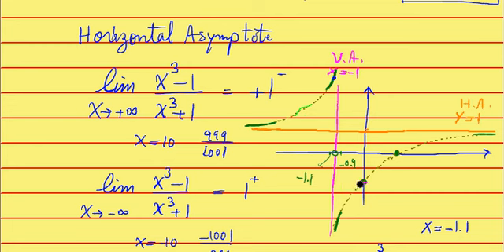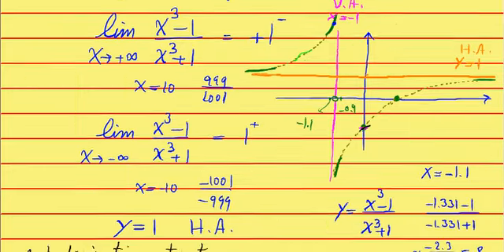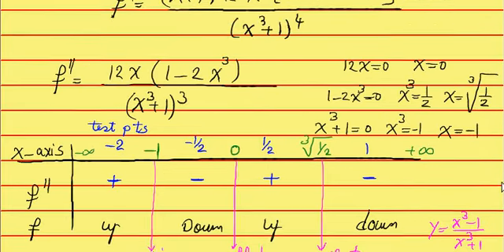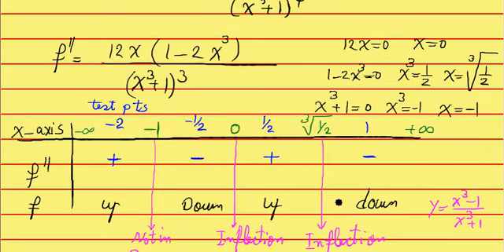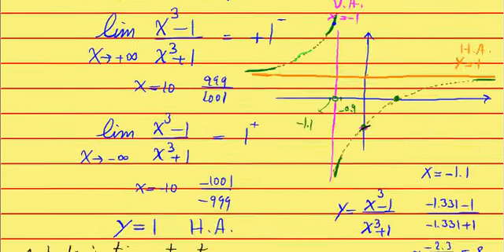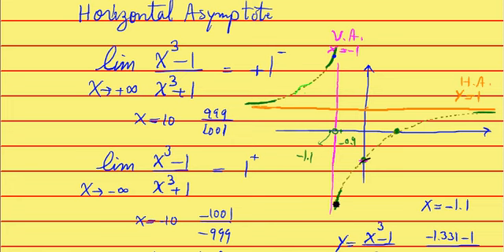At this point, the function, let's just remember, before 0 it was concave down. After that it becomes concave up. So up to here it was right, it's concave down. At this point it twists the other way.